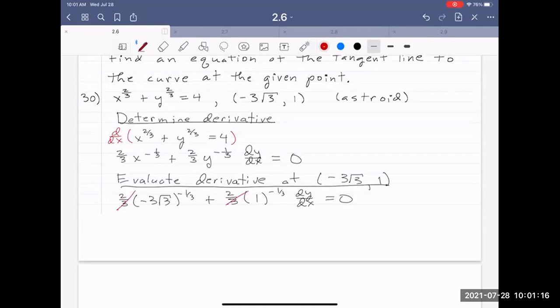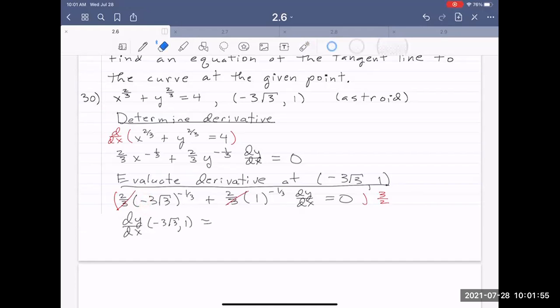The 2/3 cancel. You multiply both sides of your equation by 3/2, so that the 2/3 cancel. And of course, 1 to the -1/3 is 1. So dy/dx at the point (-3√3, 1) is going to equal, bringing this to the other side, it changes its sign.